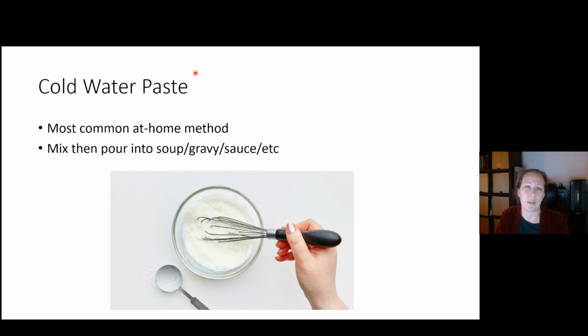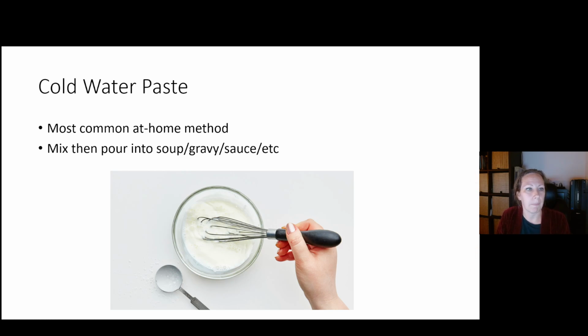A lot of recipes will actually call this a slurry, which to me is usually more what it looks like. Not using the same slurry term as what we talked about last week necessarily, but it's usually more liquid than pasty, at least when I'm mixing mine.